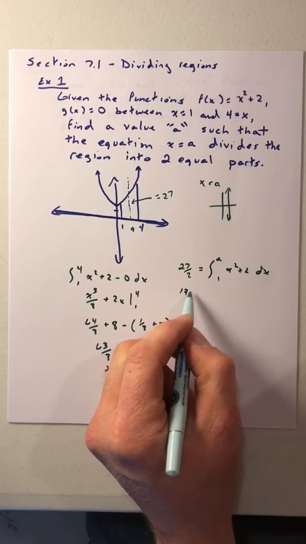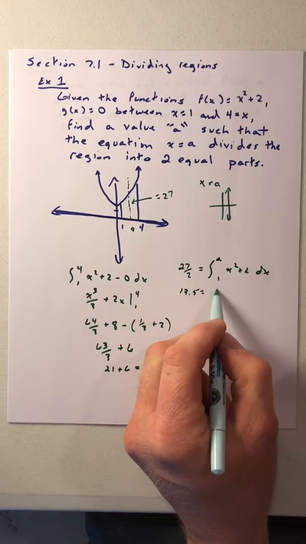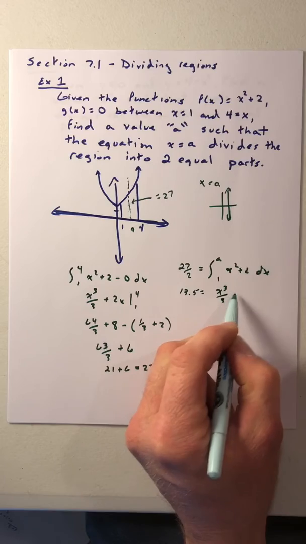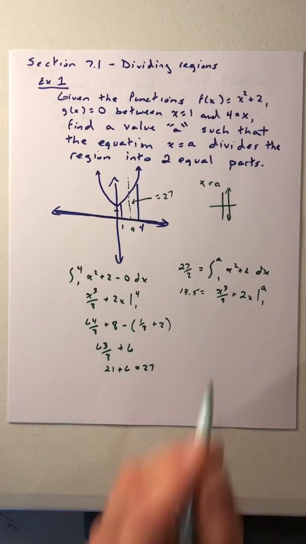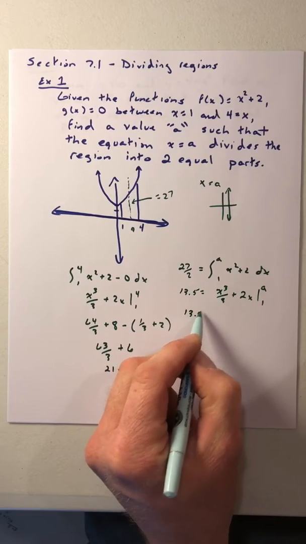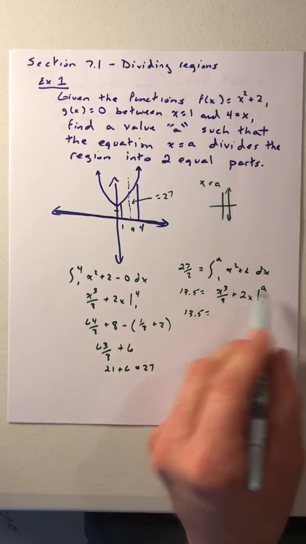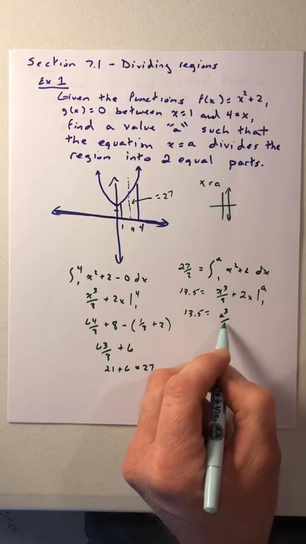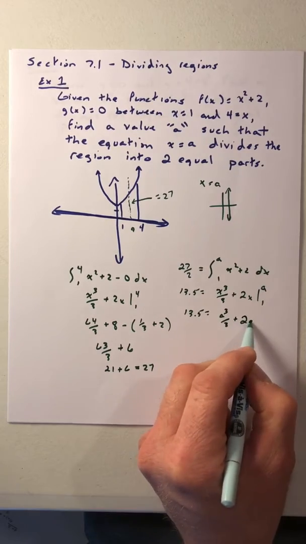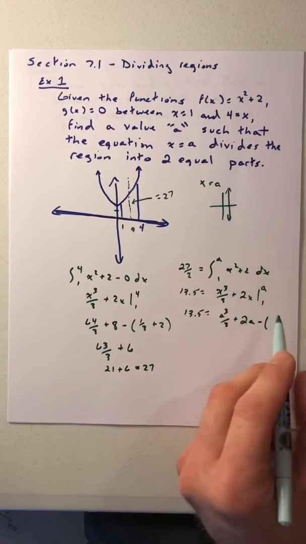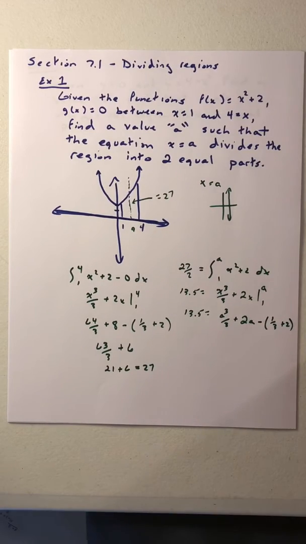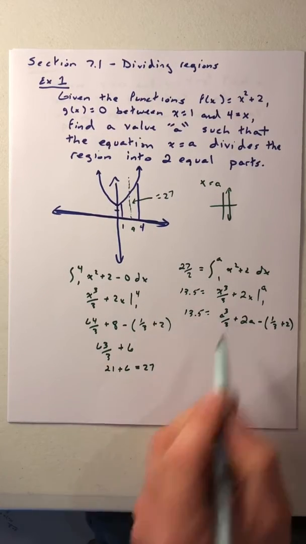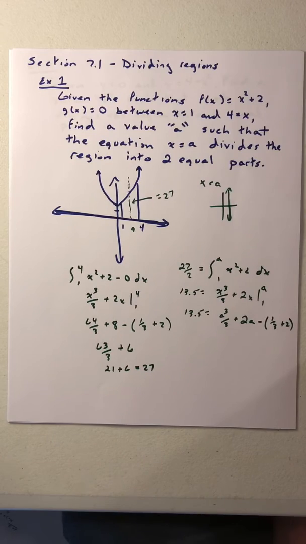So now I know that 13.5 is going to equal x to the third over 3 plus 2x from 1 to a. 13.5 equals a to the third over 3 plus 2a minus, plugging in our 1, 1/3 plus 2. I can go ahead now and solve this equation.